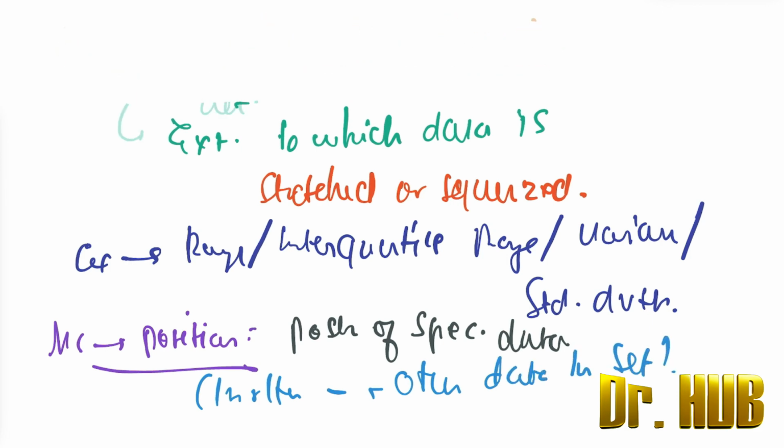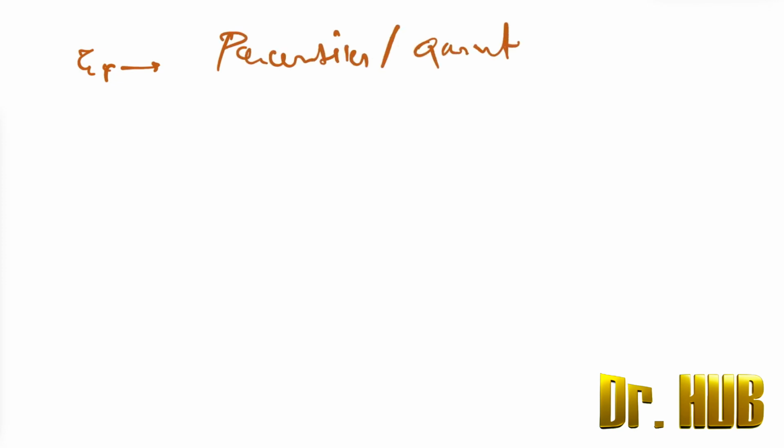What are the examples of the measures of position? They include percentiles, quartiles, centiles, as well as the Z-score.